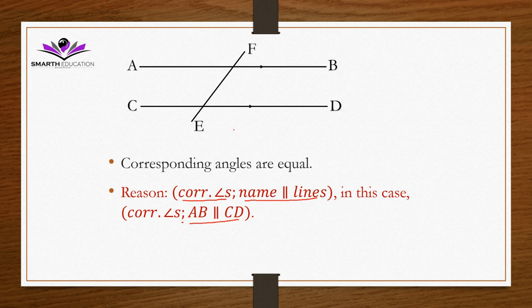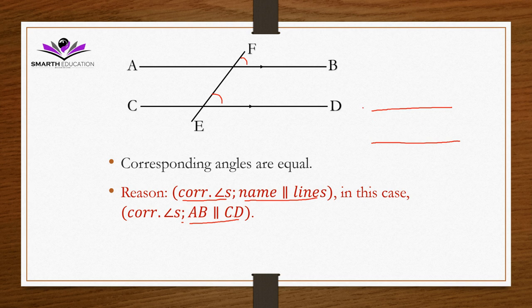Okay, so this angle is equal to this angle. Why are they equal? They are corresponding angles since AB is parallel to CD. Okay, and then the converse of that, what does it say? It says that if the corresponding angles are equal, then the lines are parallel. You see that?